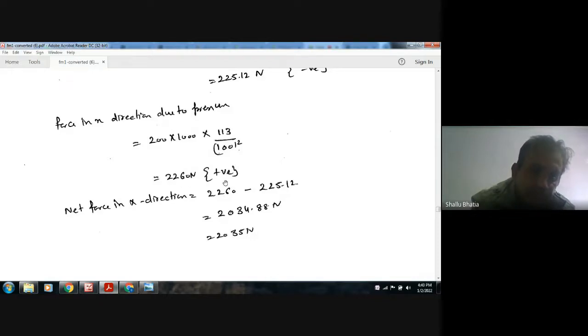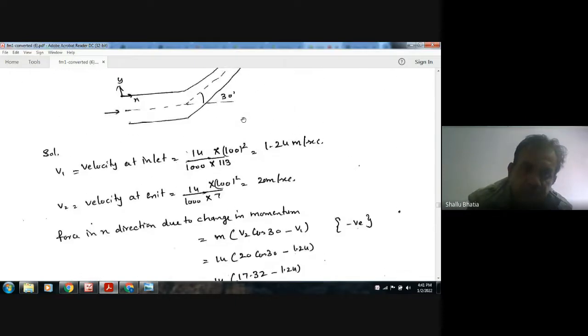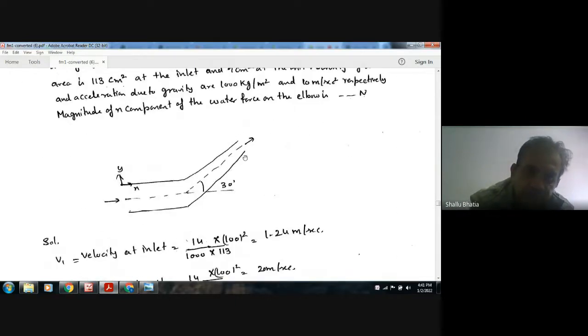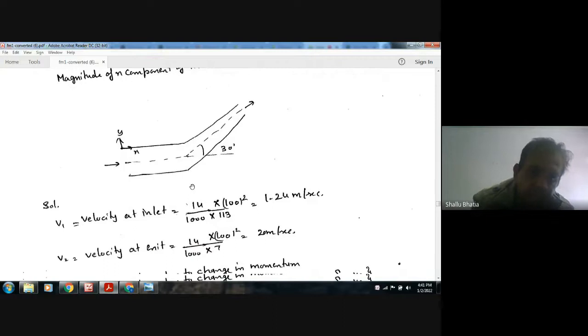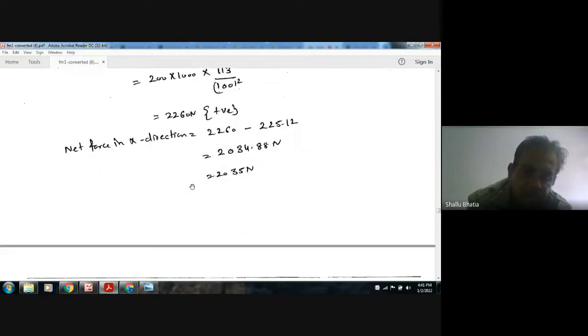That is positive, and that pressure is acting in this direction, and propulsive force is acting in opposite direction. So the net force will be 22,034.88 subtraction of V2 component. Because this component of velocity is more than this component of velocity, propulsive force will act in this direction and pressure force will act in this direction. So answer will be 2035 Newton.